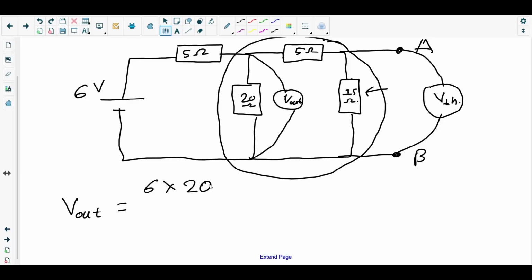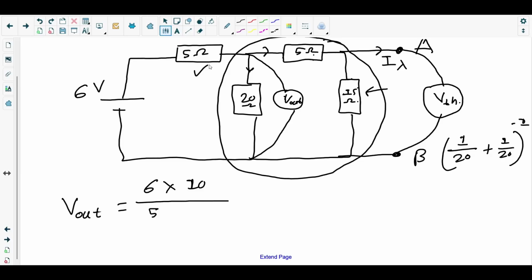And now they are in parallel, because current is getting divided, isn't it? They are getting different current. The current is following different pathways to reach the 5 ohm resistor, 15 ohm resistor, and the 20 ohm resistor, right? So 1 over 20 plus 1 over 20, inverse. Total of 15 plus 5, this is 20. So this is basically 10 ohm in total. 6 times 10 over the sum of the resistors, that is the 5 ohm resistor here, plus 10.